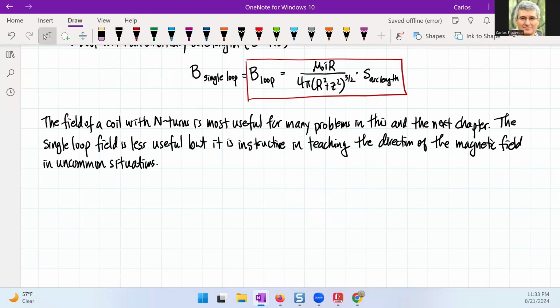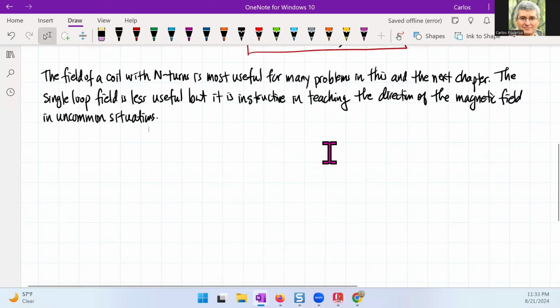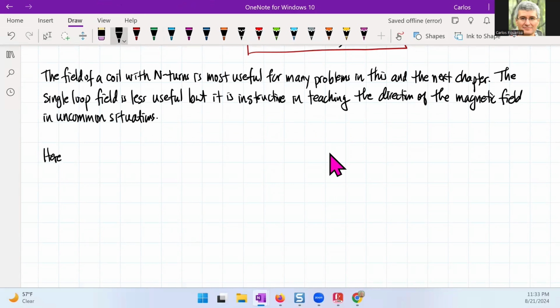So here's a textbook type of application of a single loop field.